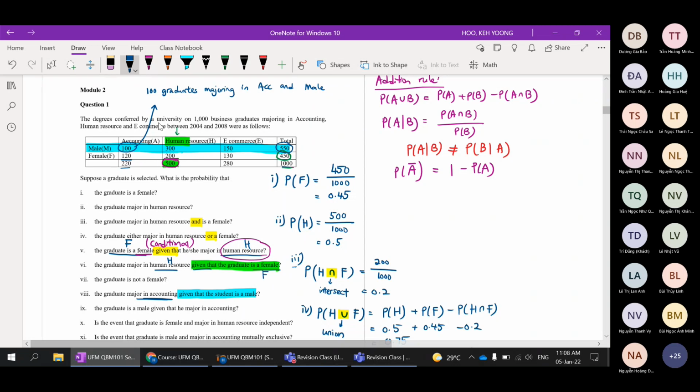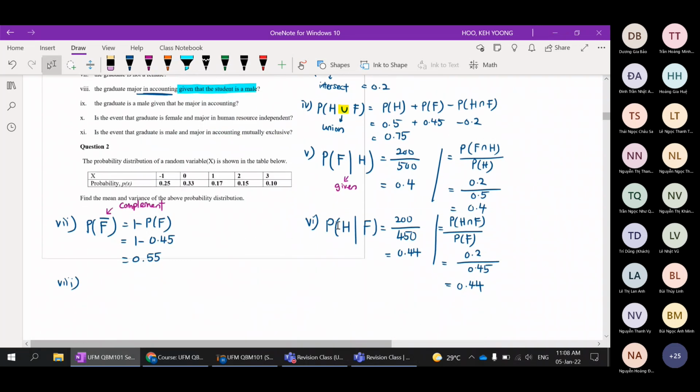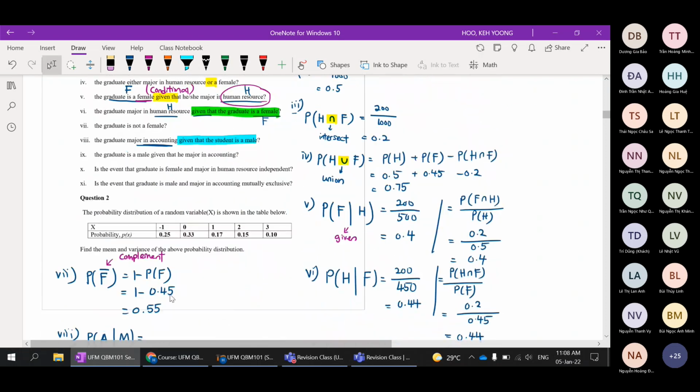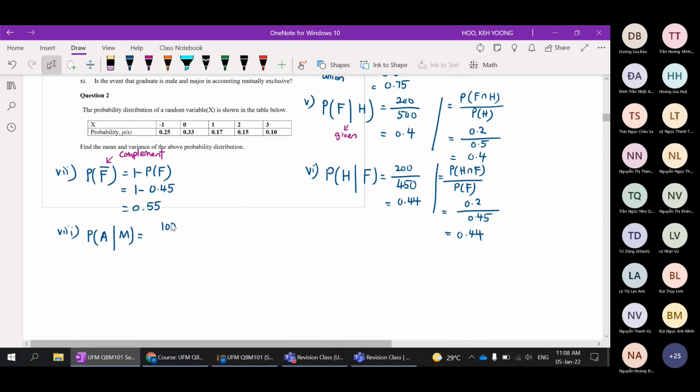100. So let's write down the notations here. Accounting given male. The answer would be 100 divided by 550.